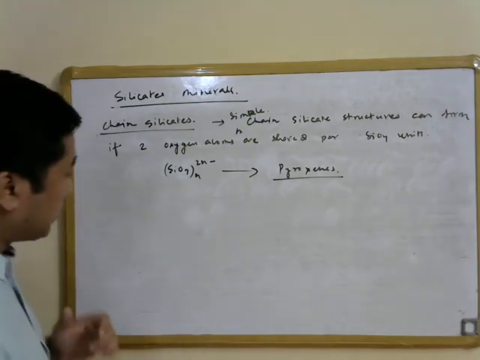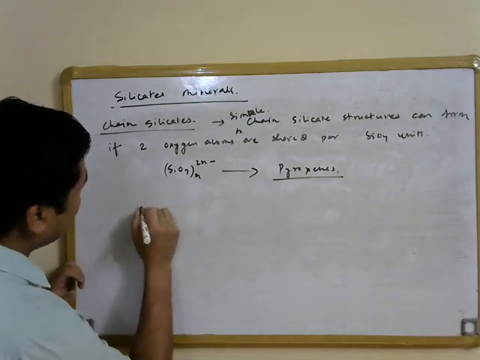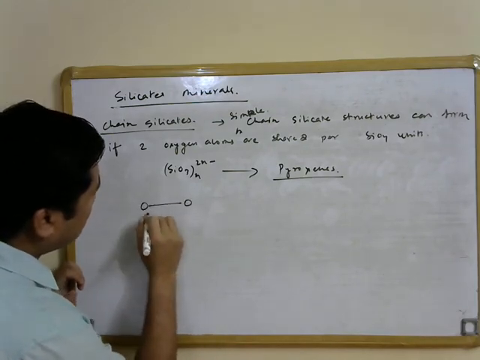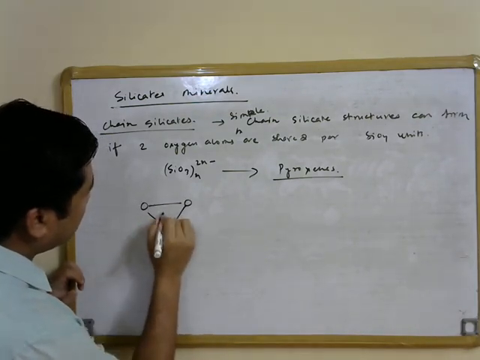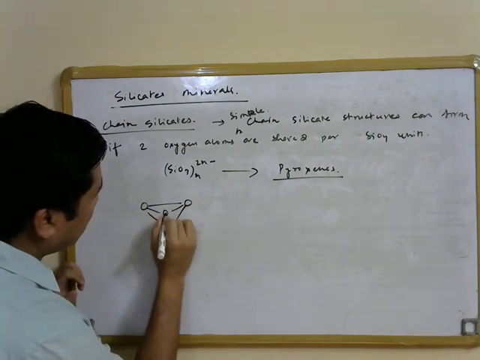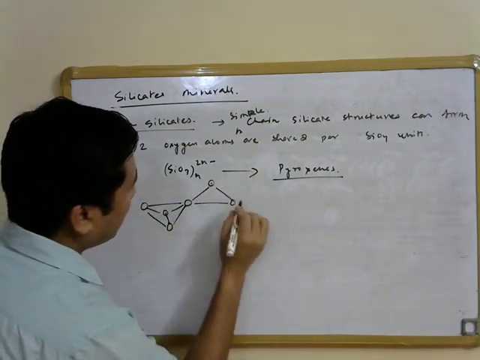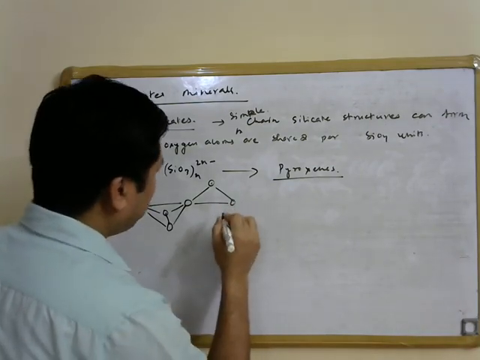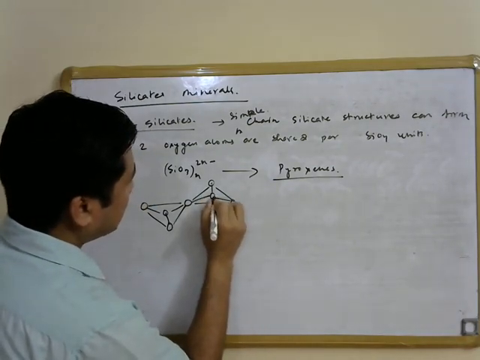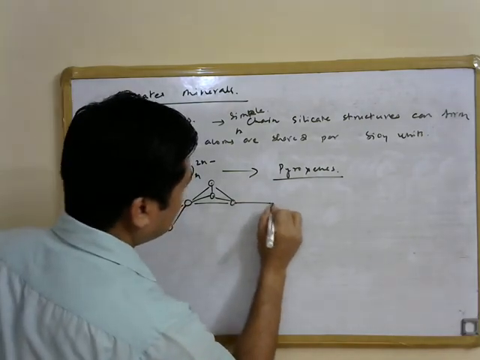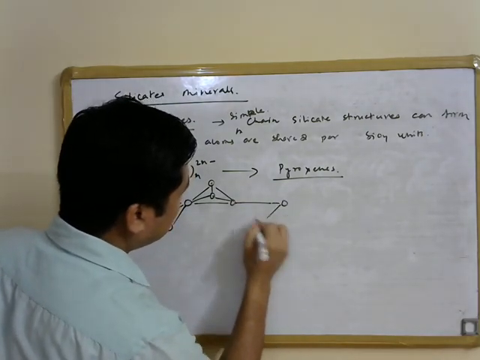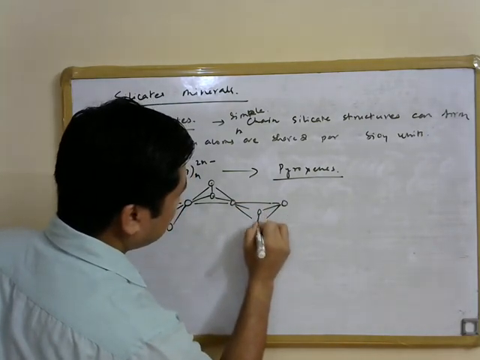So we will draw the structure for such chain silicates where the same type of SiO4 unit reappears after every 2 SiO4 units.